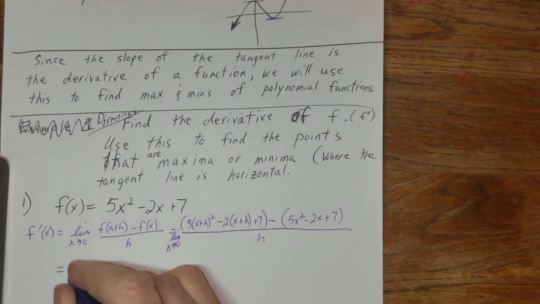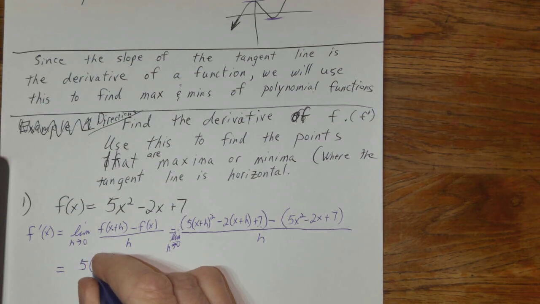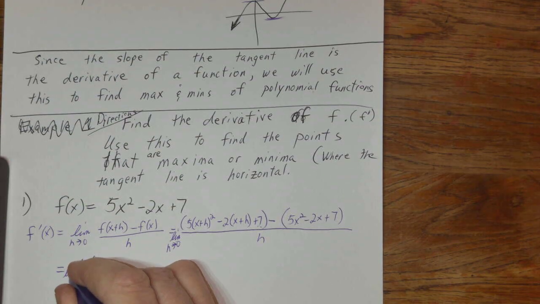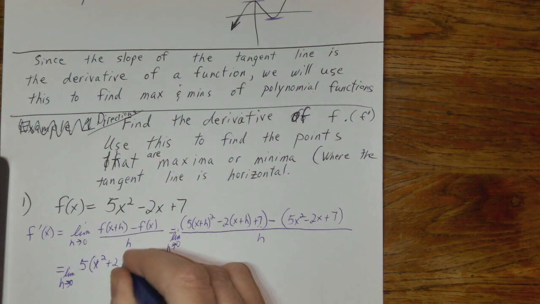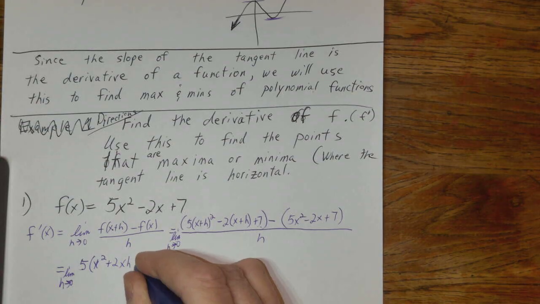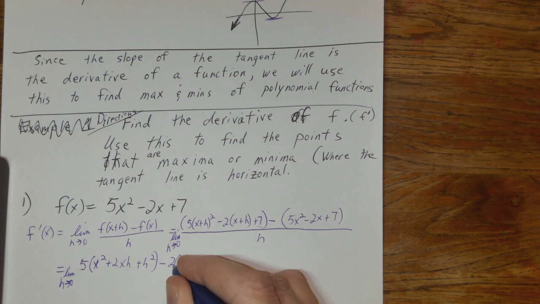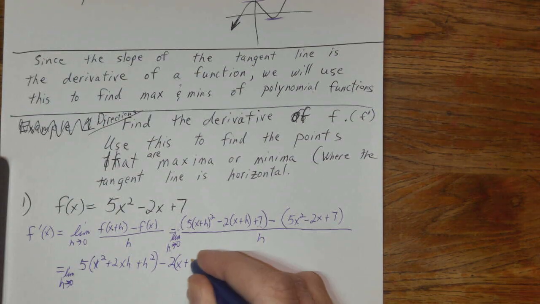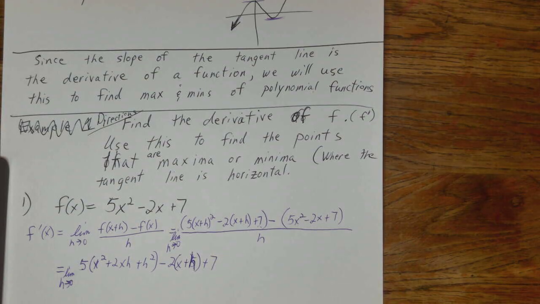Now I'm squaring this. So I'm going to take 5 times, I didn't get too far in it before I remembered to do that. 5 times x squared plus 2xh plus h squared, minus 2, and then plus 7.